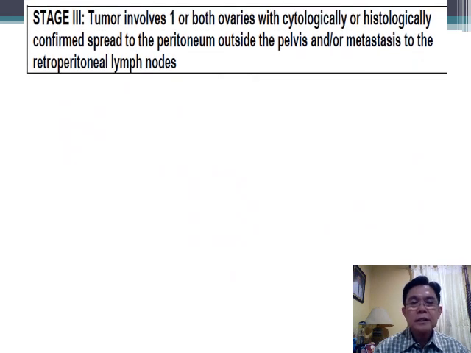Okay, stage 3 is when the tumor involves one or both ovaries with cytologically or histologically confirmed spread to peritoneum outside of the true pelvis, or metastasis to the retroperitoneal lymph nodes.